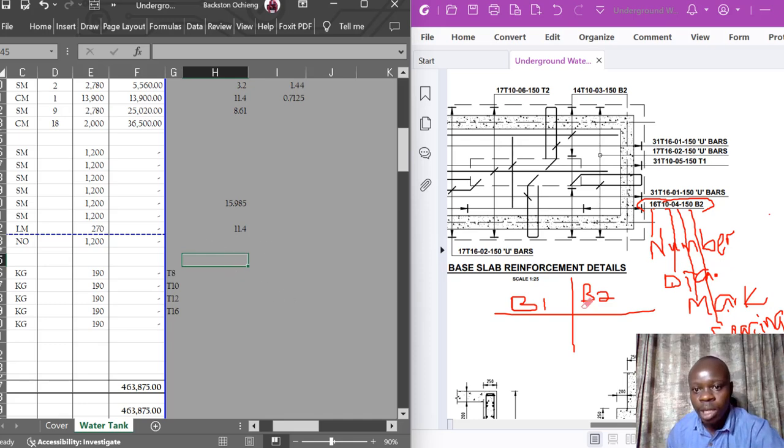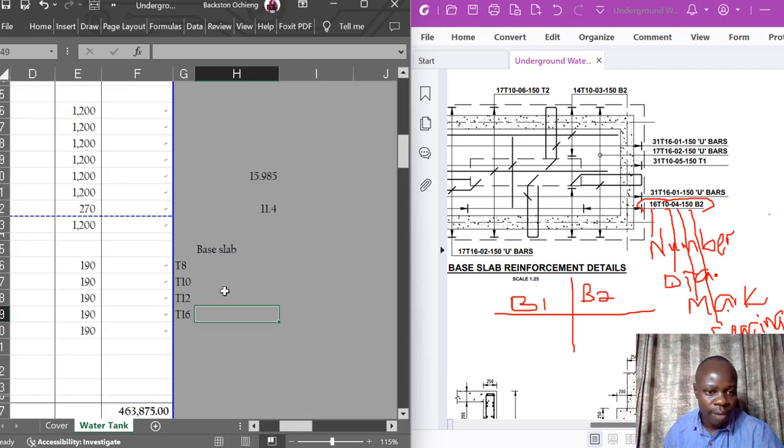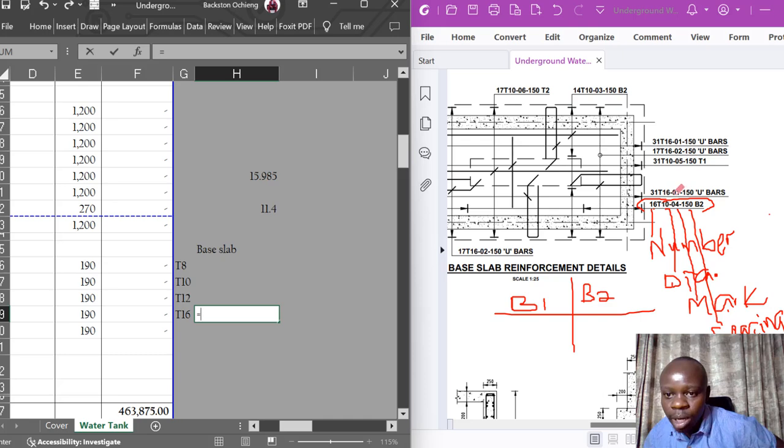At the top here, I will indicate that this is a base slab. So bar mark 01 is T16. I will have an equal sign, and then this is 31 T16.